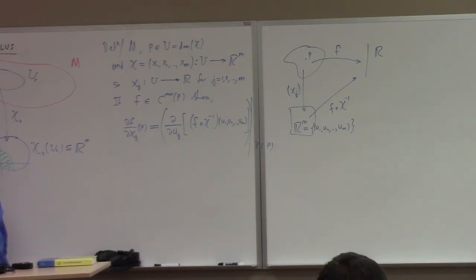So what I'm saying is you differentiate the local coordinate representative with respect to the Cartesian variables, right, downstairs. And then you plug in chi p after that's done.